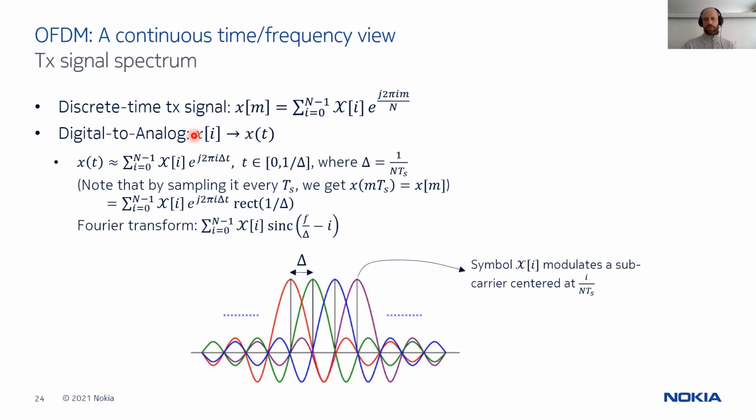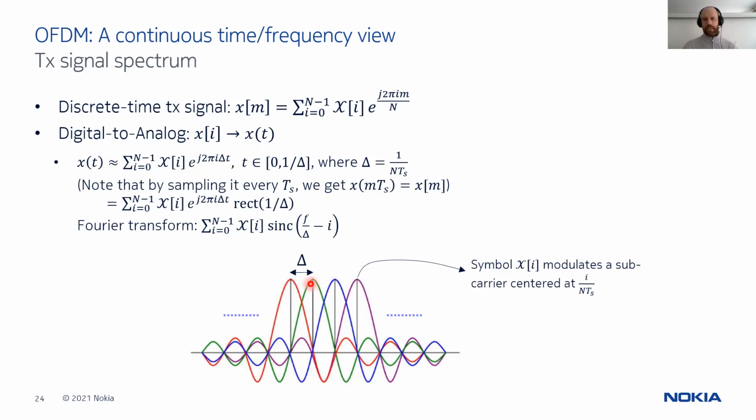What you do in real life in order to send it over the air is switch to an analog signal, and the equivalent analog signal looks like this, where this can be thought of as a sine or cosine at a frequency which is a multiple of this delta.